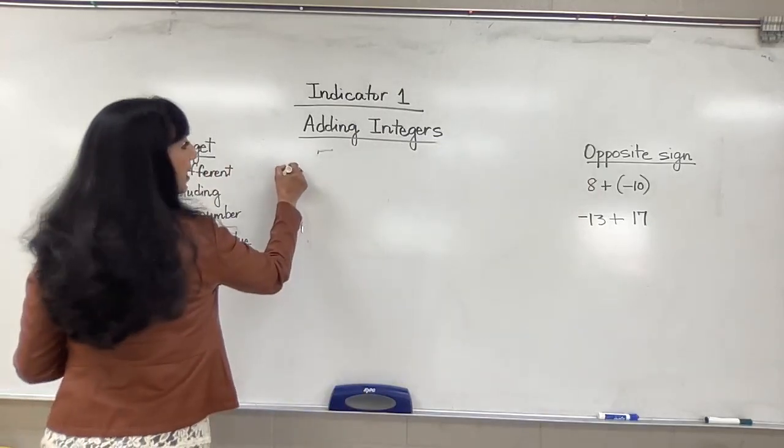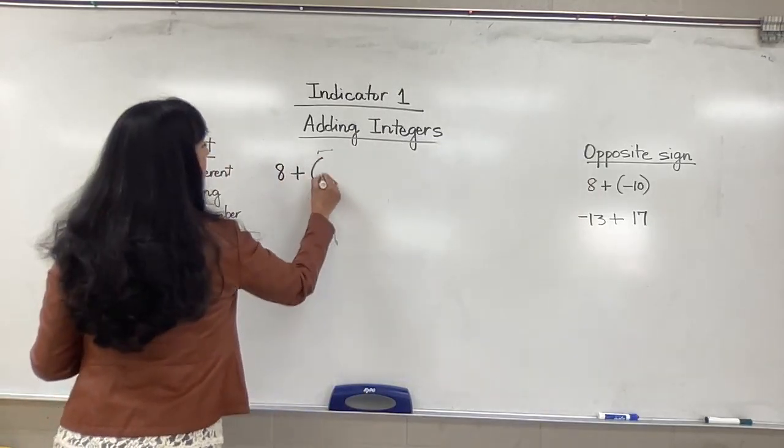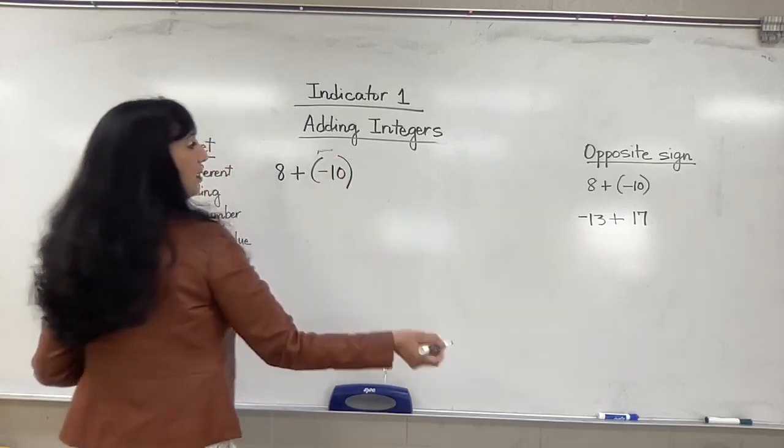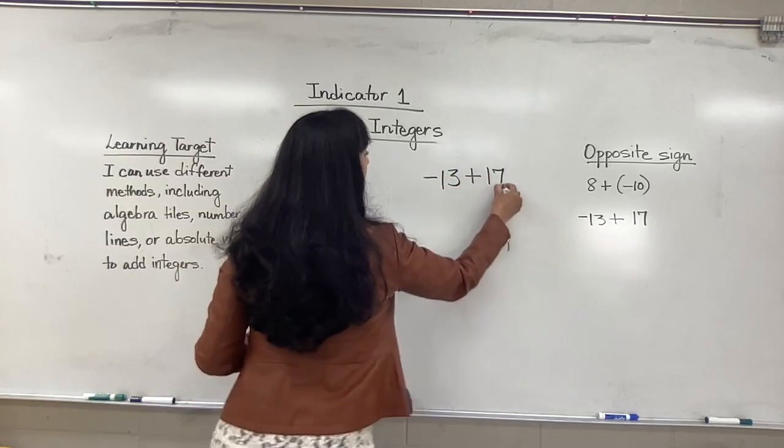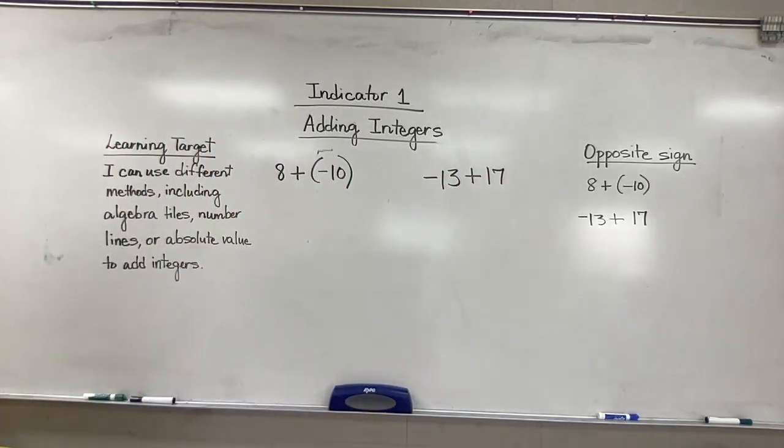So let me just take 8 plus -10. Then I have -13 plus 17. All right.